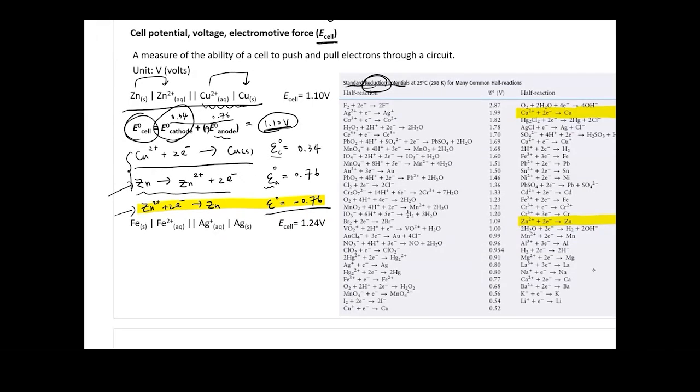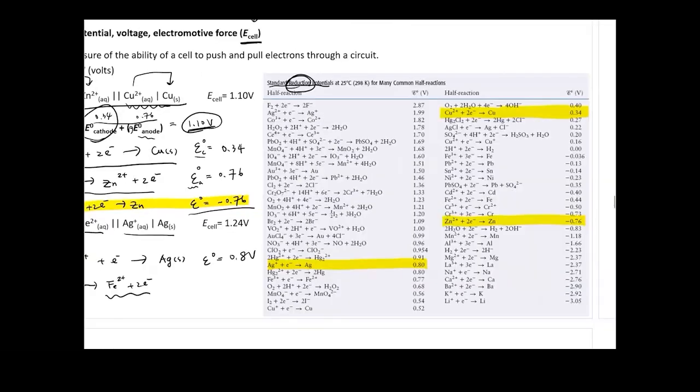Let's have one more example. Fe becomes Fe2 plus, and Ag plus becomes Ag. Starting from your cathode, we know Ag plus plus an electron gives you Ag solid, so your E naught is 0.8 volts. The other side is Fe becoming Fe2 plus plus 2 electrons, so we look for Fe2 plus plus 2 electrons.